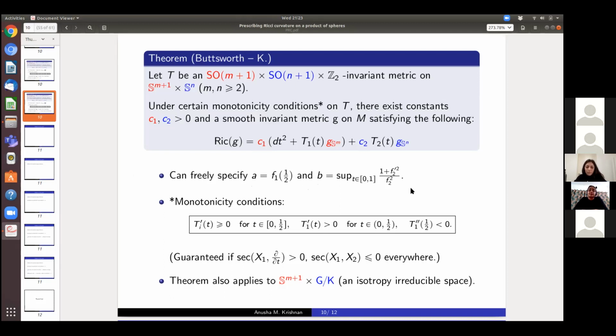Okay, and under these monotonicity conditions, the original problem with C1 equal to C2, do you have non-existence results? I mean, can you show a T without any solution? Yes, I believe the example given by Hamilton should work here.